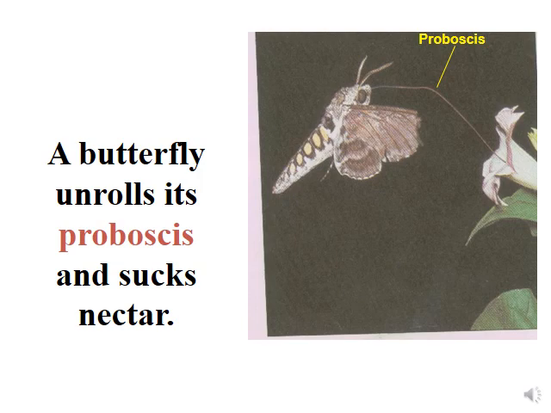Butterfly has a special organ called the proboscis. A butterfly unrolls its proboscis as shown in the figure here. This is used to suck the nectar of the flower.